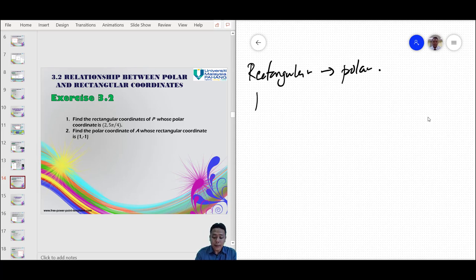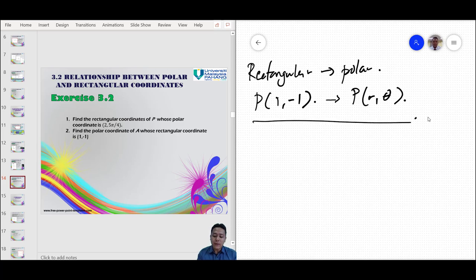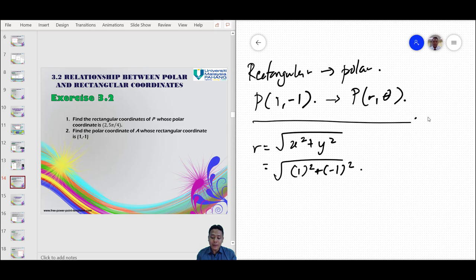So given the coordinate in the rectangular coordinate system, x, y is 1, negative 1, and you want to convert it into the polar. Two things need to be remembered: the value of r is the square root of x squared plus y squared. For this case, it's very easy. Square root of 1 squared plus negative 1 squared, so it will be square root of 2. So we get the value of r already.